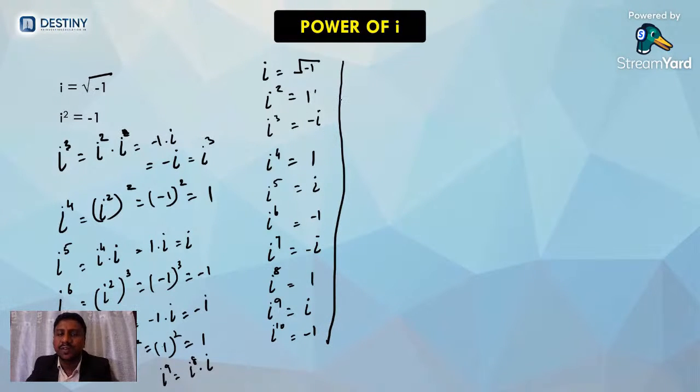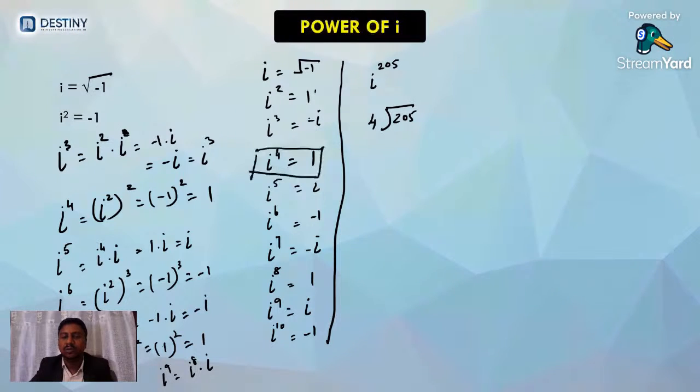In case you are asked about i power 205, what will you do? Just tell me. I can divide this number 205 by 4, because i power 4 becomes 1, right? So 5 fours are 20, balance 0; 4 fours are 16... so 205 is 4 into 51, balance 1.